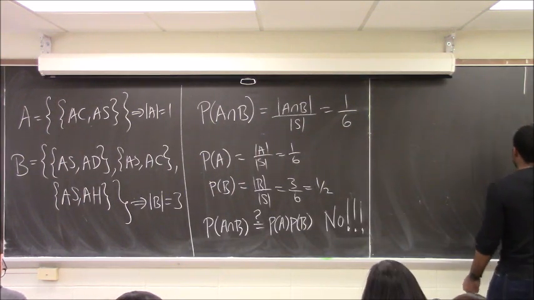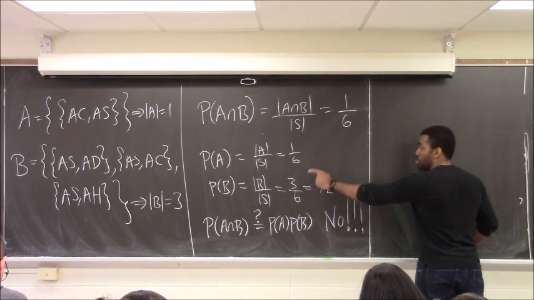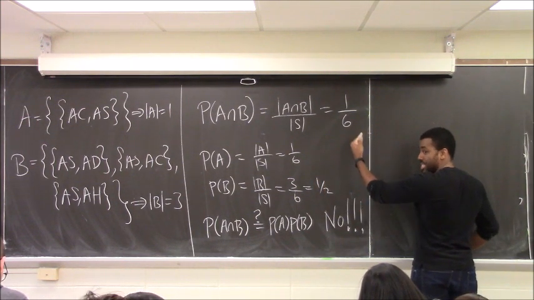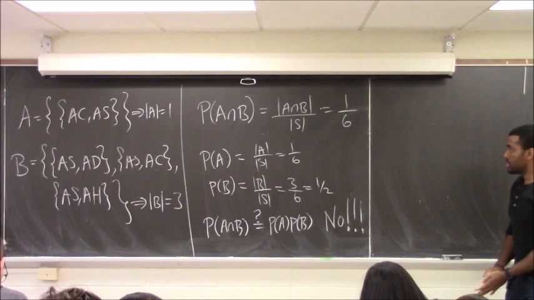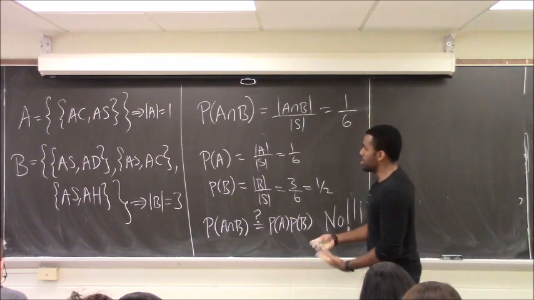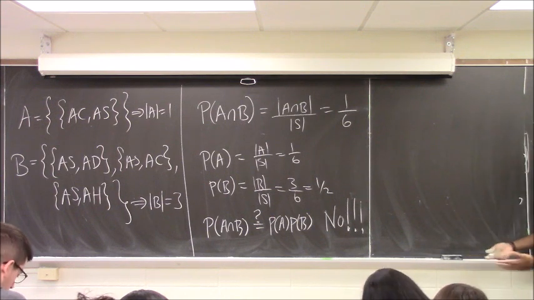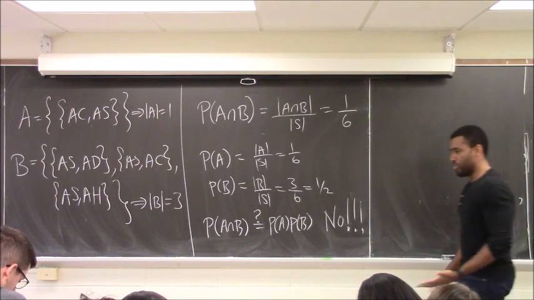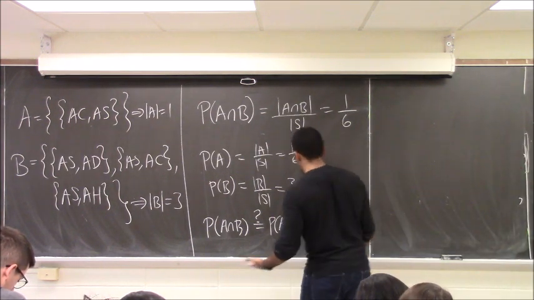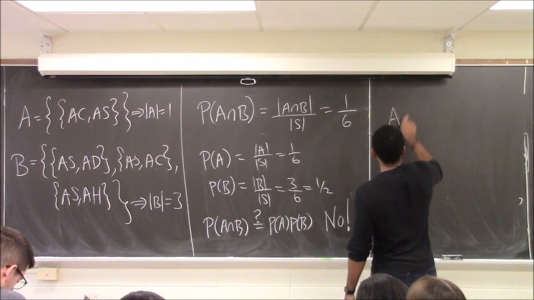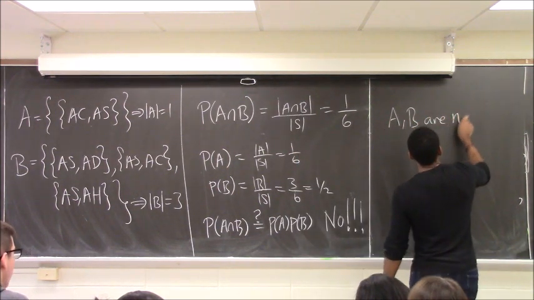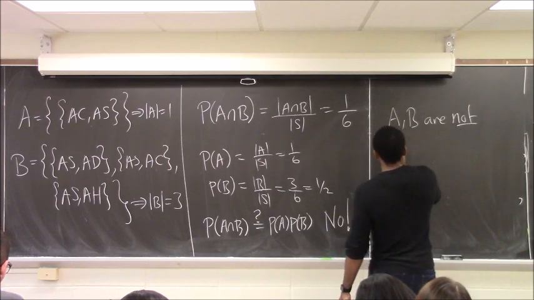It means if you were to do this and multiply them and think that that was the answer, you would be incorrect. For some reason that feels intuitive to a lot of people, but it would actually be the incorrect thing to do here. A and B are not independent.